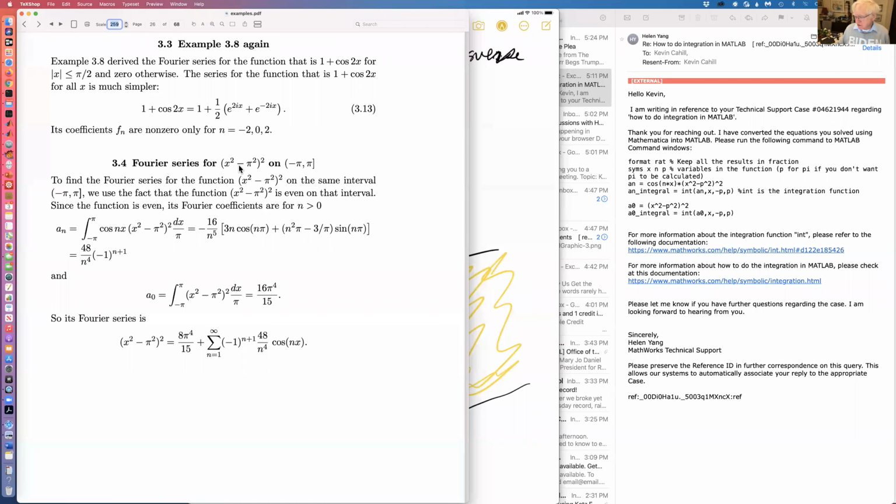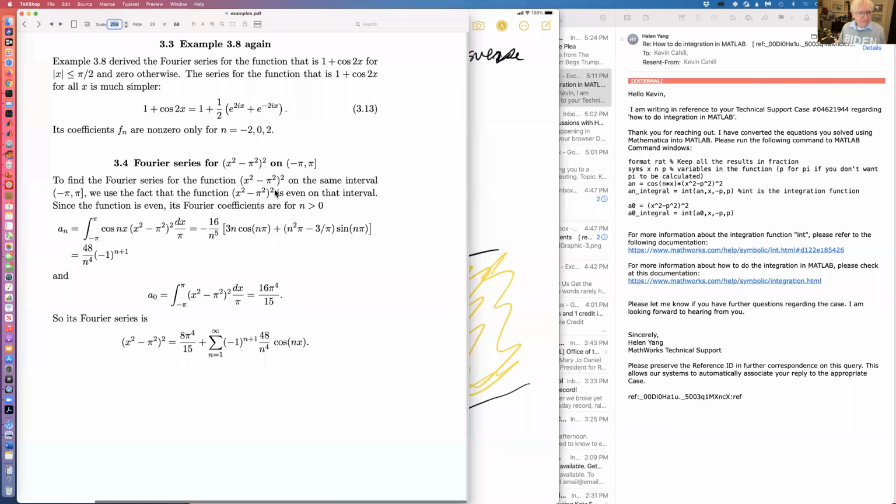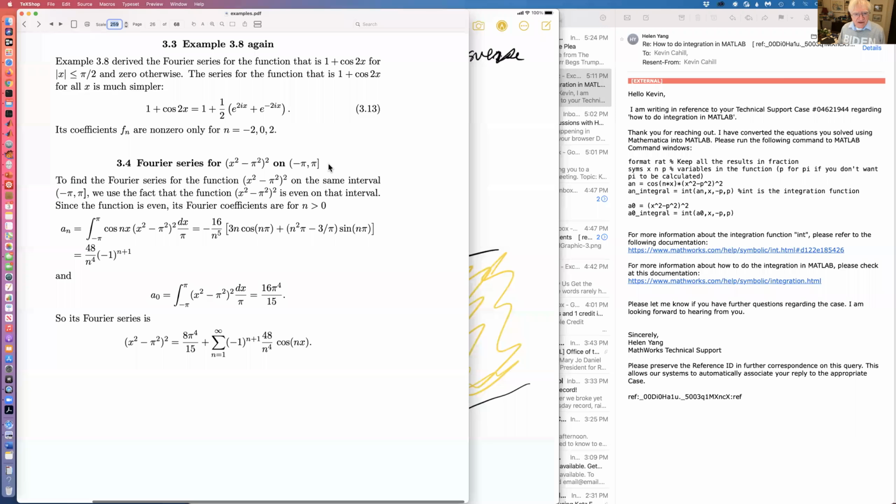All right, we want the Fourier series for (x squared minus pi squared) squared on the interval minus pi to pi. I don't know why I had open here and close there, but in any event, I think that's pretty much ignorable. Now, the point is that this function is even about the origin.